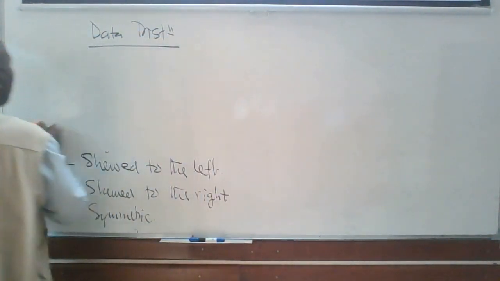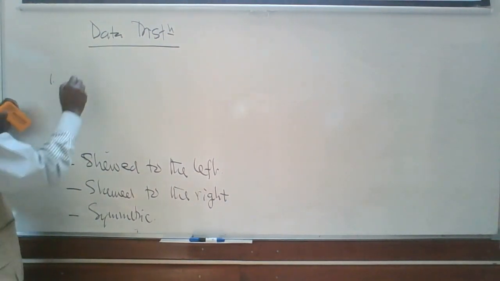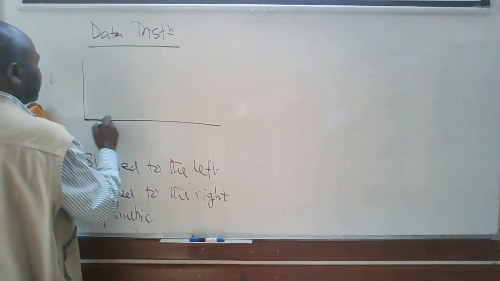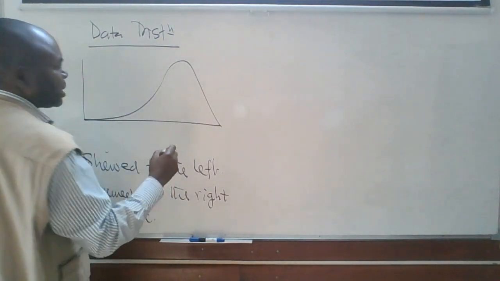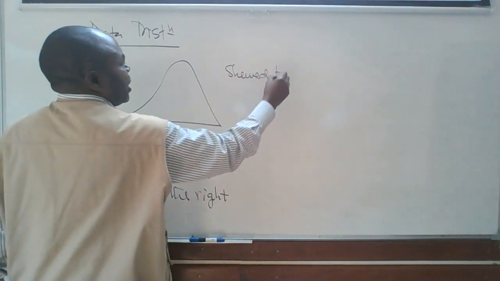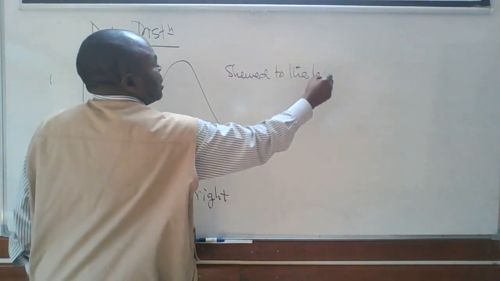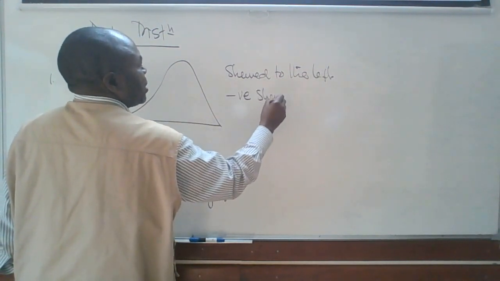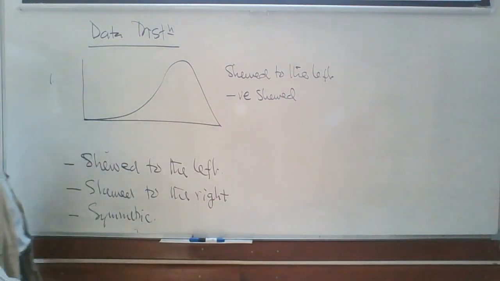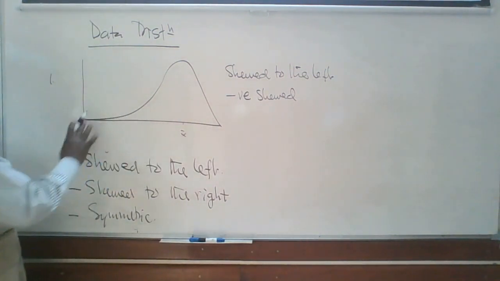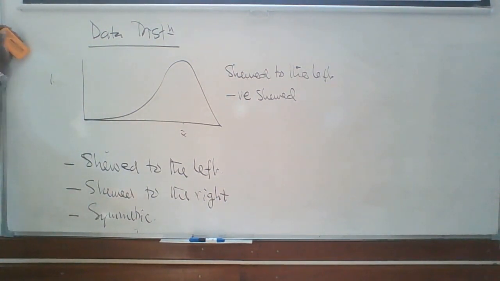When you plot data against the frequencies and you find that data are distributed like this, it is skewed to the left. Sometimes we call it negative skew. Your mean will be somewhere here, but you have outliers to the left. So this is a skewed to the left distribution.